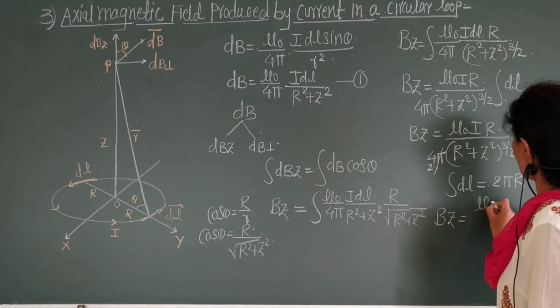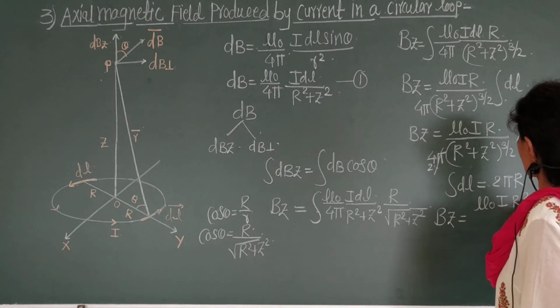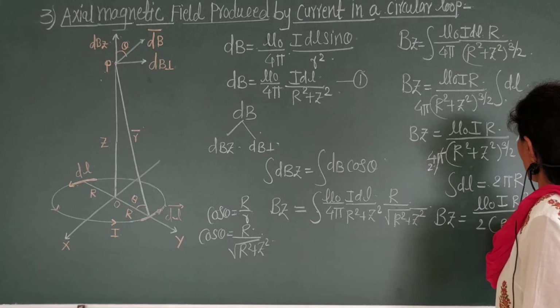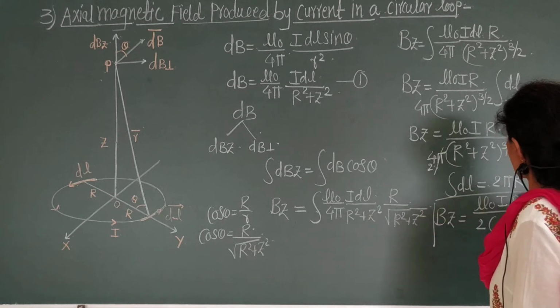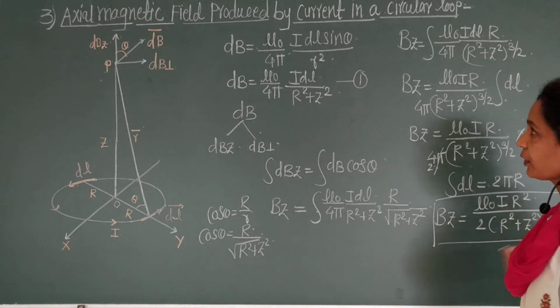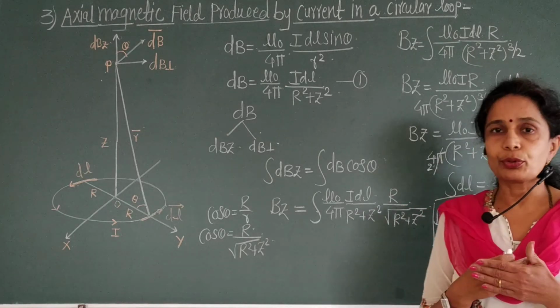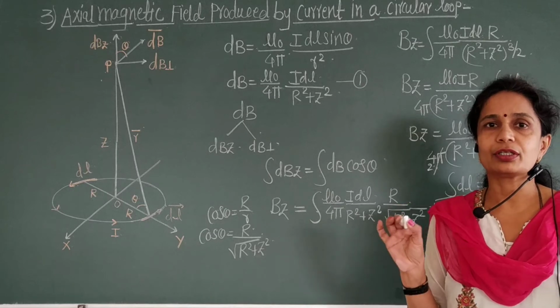See this, mu 0 I, this is R, this is R, therefore R square, upon 2 under root of R square plus z square raised to 3/2. This is the value of the axial magnetic field produced by a current in a circular loop.